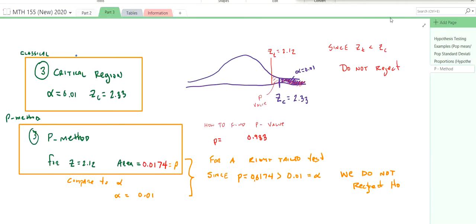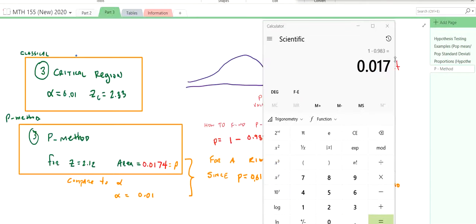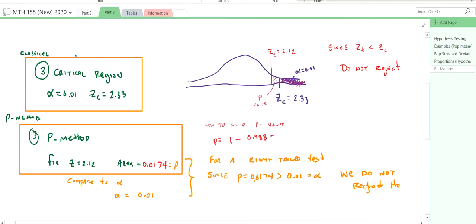But I want the area to the right, so I have to take 1 and subtract this. If I do that, I end up with 0.017, as you can see here in my calculator.